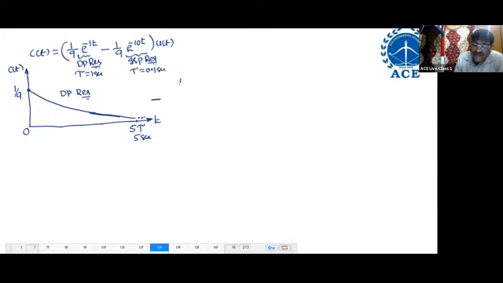Now the insignificant pole response. At t equal to 0, it is 1 by 9. At t infinity, e power minus infinity is 0.